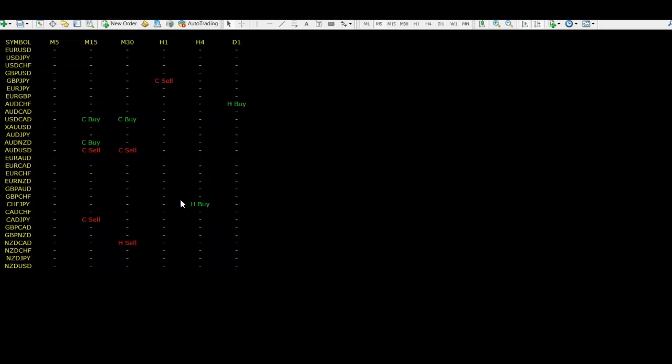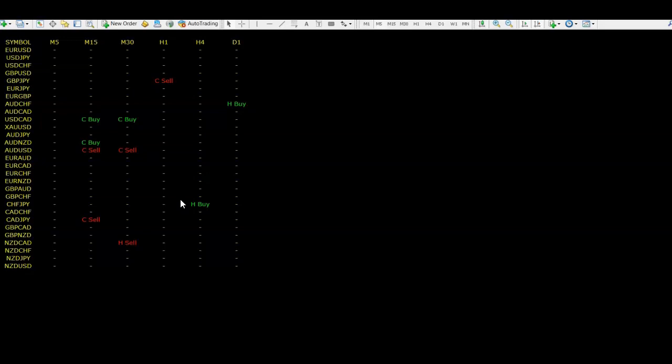Okay, what this dashboard does, it displays in front of you all the assets on one simple chart. So instead of loading all your charts, flicking through, waiting for a divergence signal to happen, the dashboard will instantly show you what signals are happening on what time frames, on what assets.